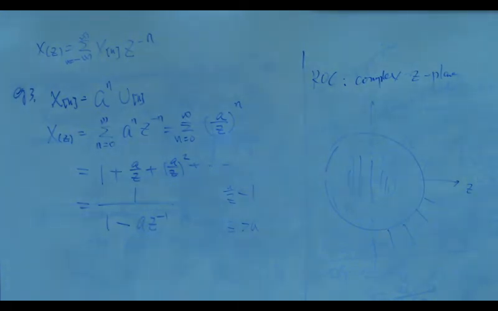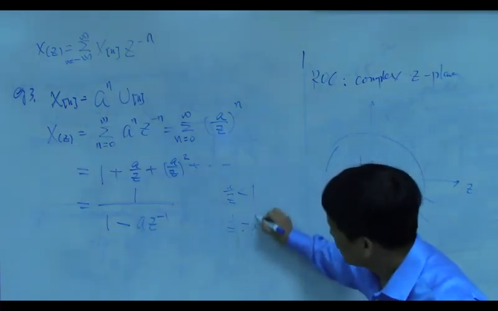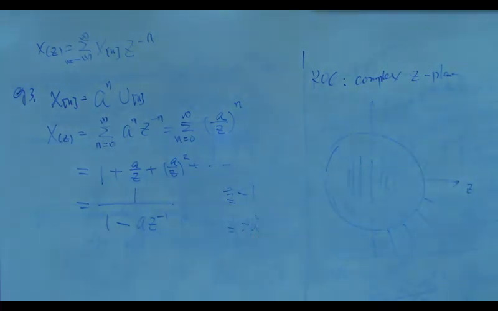Now keep in mind the region of convergence must be a circle. So actually it is the absolute value of z greater than the absolute value of a. We don't care about the angles, we only care about the radius.